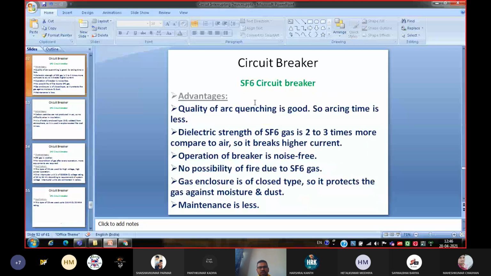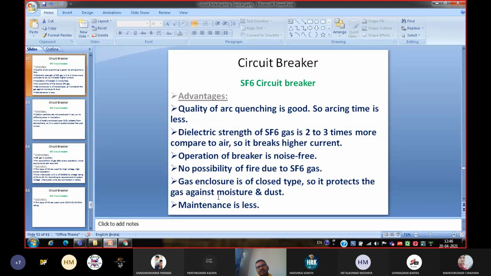Okay, so we can say that it is a fully enclosed type circuit breaker, so it protects the gas against moisture and dust. So there is no possibility of impurity adding in the gas, because the gas enclosure is of closed type. So there is no atmospheric effect on the gas.